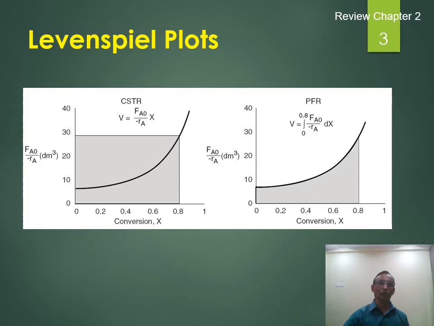So we are going to plot a Levenspiel plot to size that reactor or to find out the volume of the reactor. In the first diagram, it is shown FA0 by minus RA against conversion. To find out the batch reactor volume, it is sized here. For the PFR or PBR, we take the area under the curve, whatever the volume is available, that is the volume of the PFR.